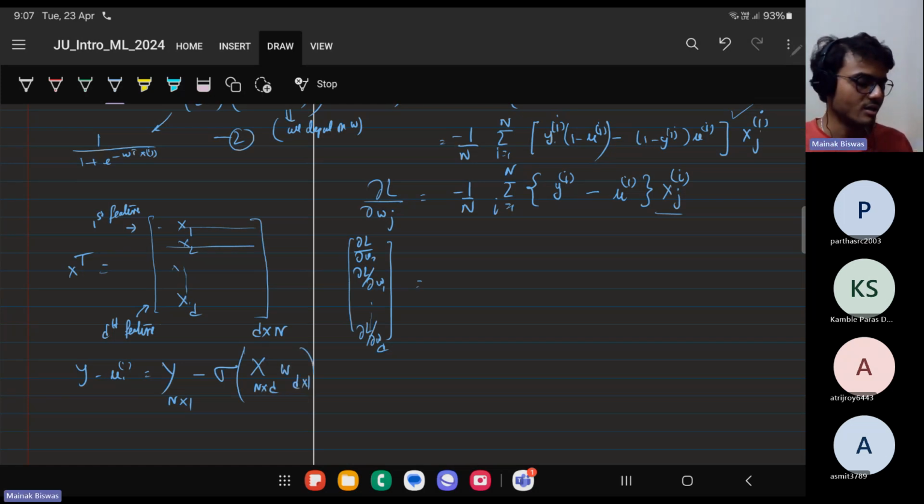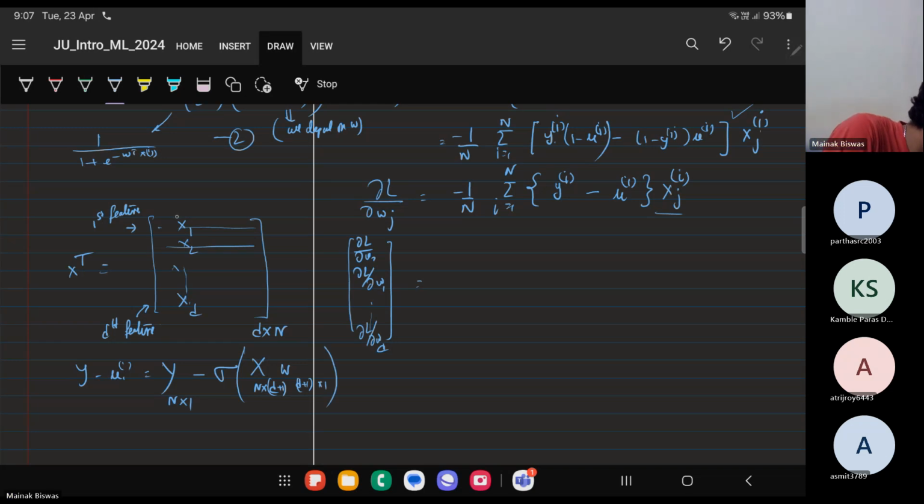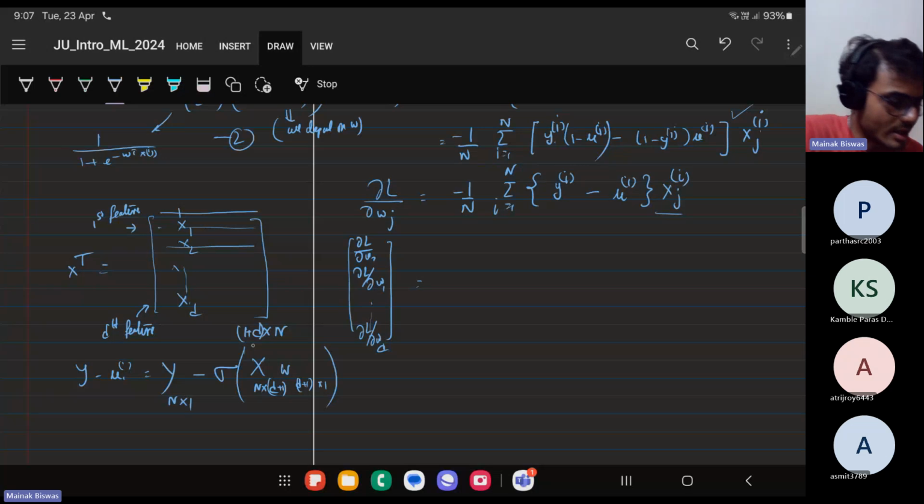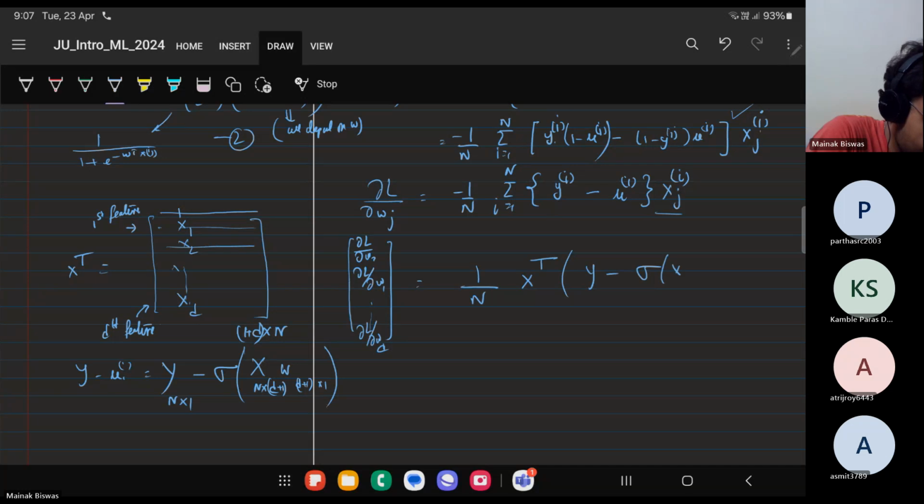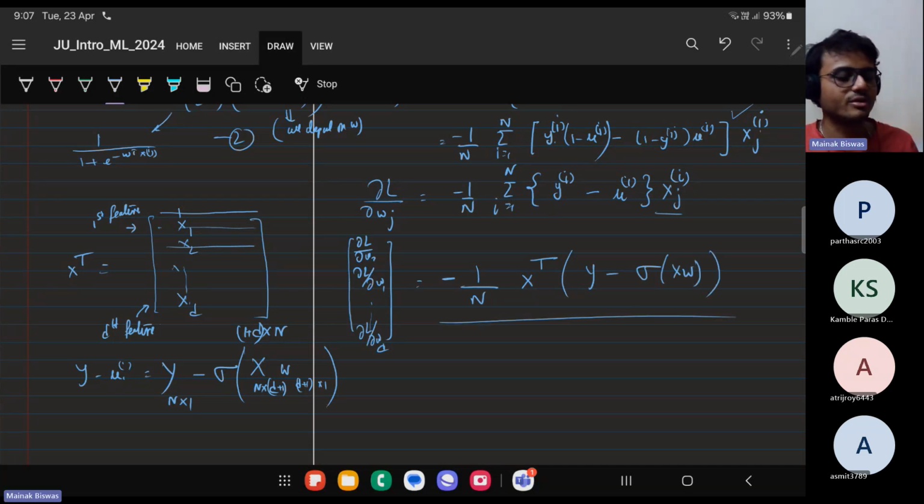Is this okay? N cross D plus 1. Is this clear or not? So I can write 1 by n, x transpose, y minus mu. This is my derivative.